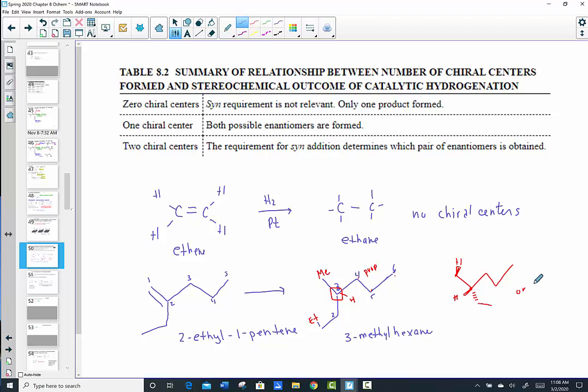Or, in this example, let's suppose the hydrogens both added as dashes. Don't draw them, but you know is there. The ethyl group must be coming out as a wedge. We had a syn addition to consider. So you have a pair of enantiomers at the chiral center.